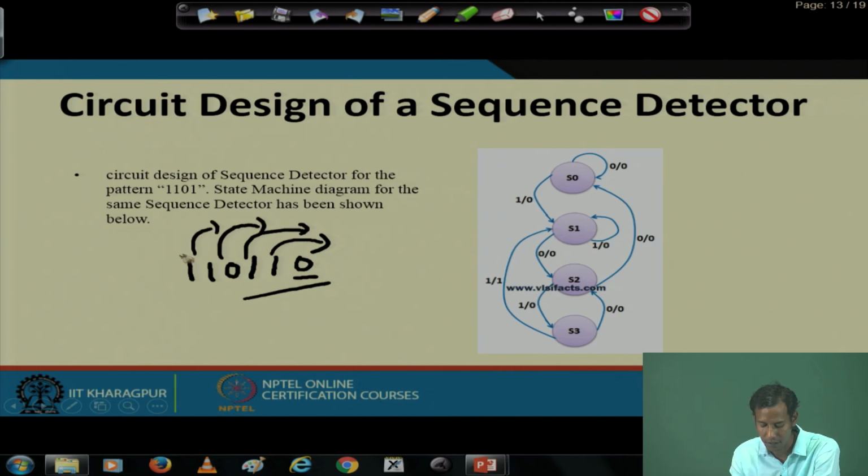One by one the bits are processed through this state machine.